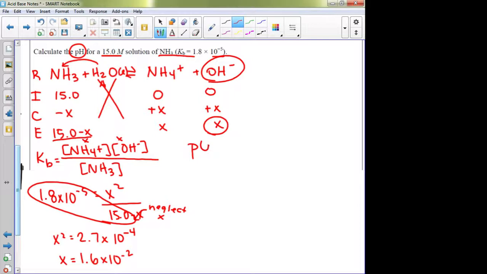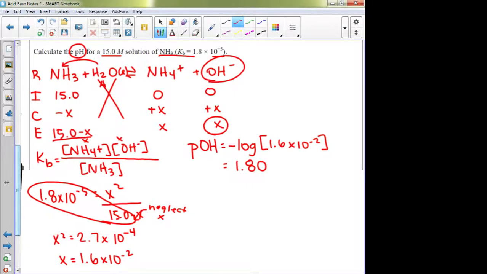So now I know my pOH is going to be the opposite of the log of 1.6 times 10 to the negative 2. So when I put that in my calculator, I get 1.80. So that's how you find pOH? Same way you find pH, except you're using the concentration of hydroxide instead of hydrogen.